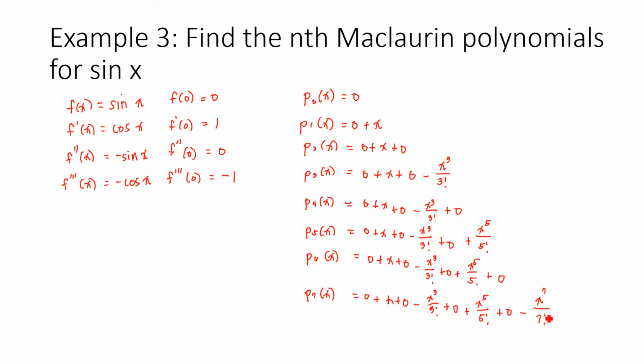Okay, because of the 0 terms, each even order Maclaurin polynomial after p sub 0 of x is the same as the succeeding odd order Maclaurin polynomial.